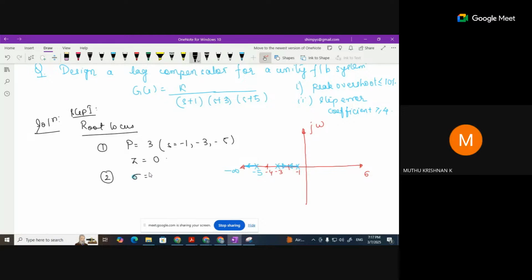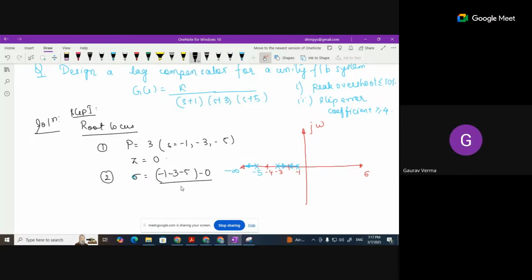Minus 3. Have you calculated? It is coming out to be minus 3.